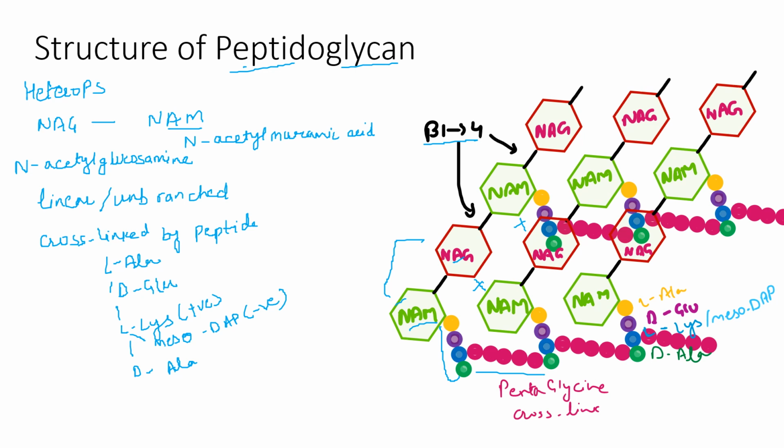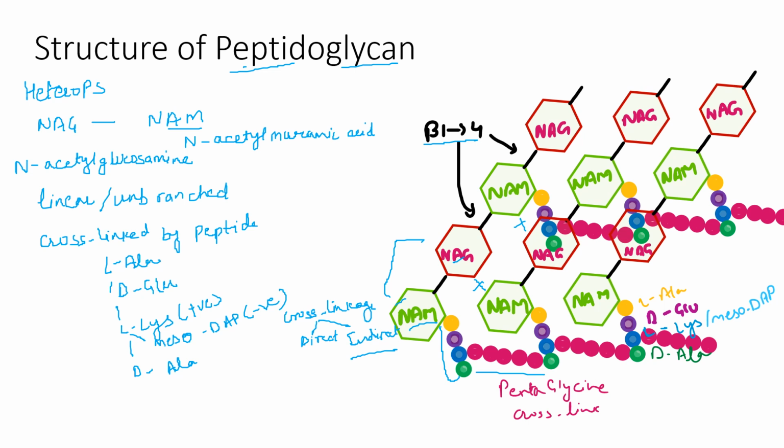Now, how is this cross-linked? There are two types of cross-linkage, either direct or indirect. In indirect cross-linkage, the two peptides are linked by a pentaglycine chain.